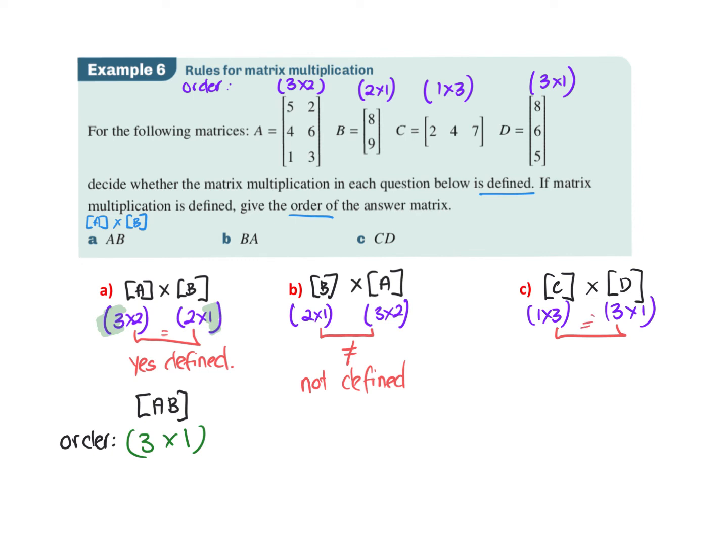Yeah, it's defined. And so we know we can do it, so we'd have an answer. And what is our order going to be of our answer? It's going to be a 1 by 1. Good. You have taken the rows from the first one and the columns of the second.